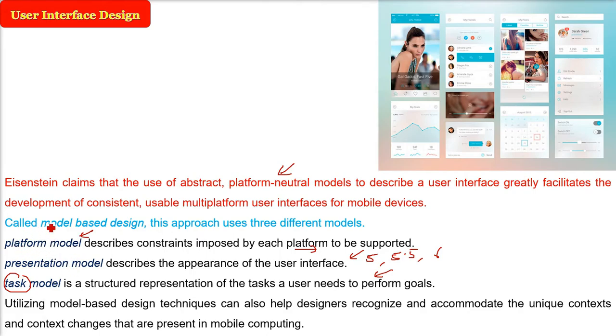Then utilizing the model-based design technique can also help designers recognize and accommodate the unique context and context changes that are present in mobile computing. Because in mobile, the context is very important, for which the user is working, what the user wants, and that requirement will change, the context will change. So we ought to use this model-based design.